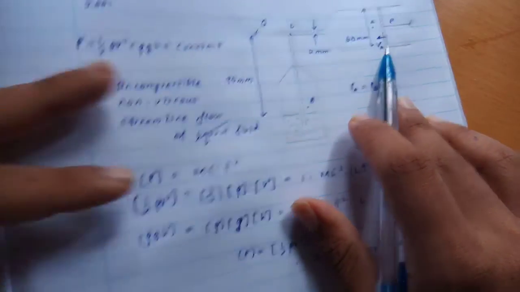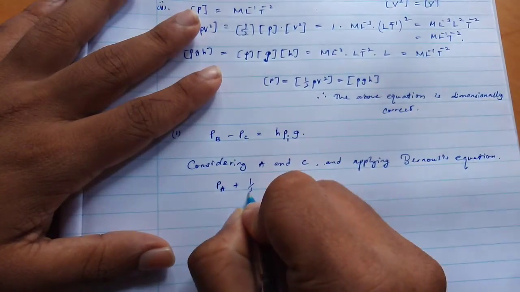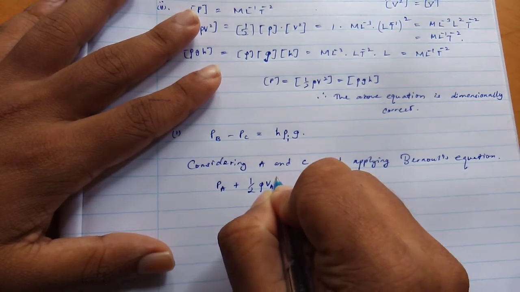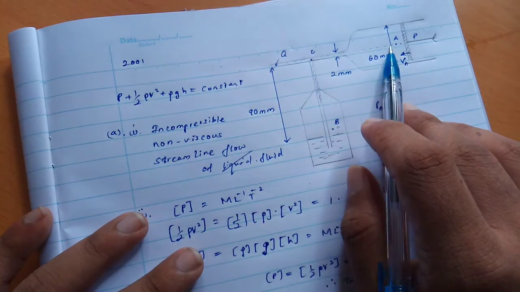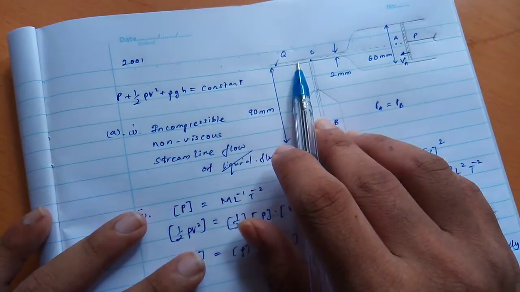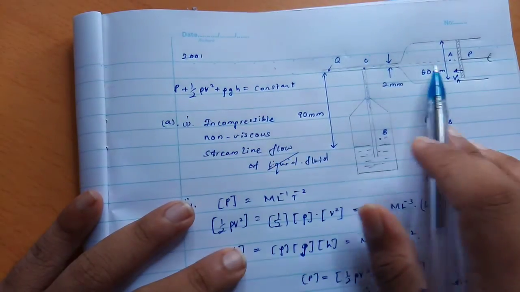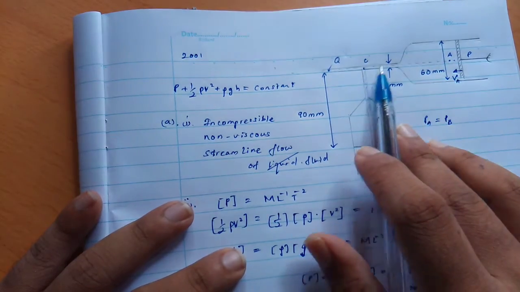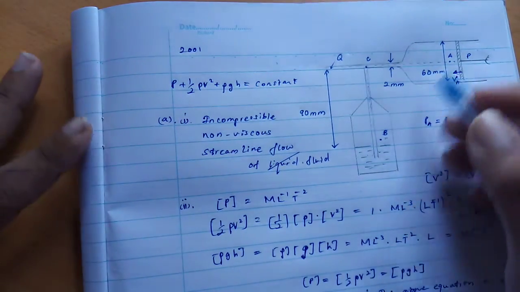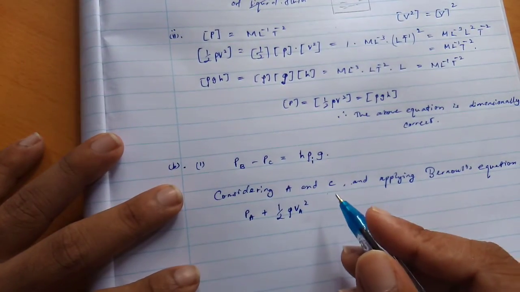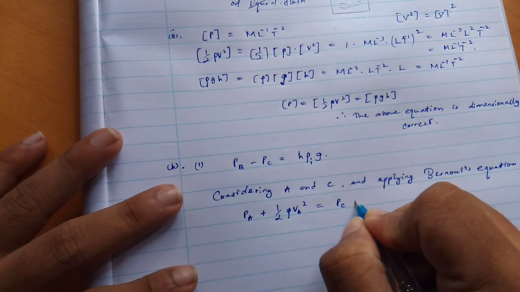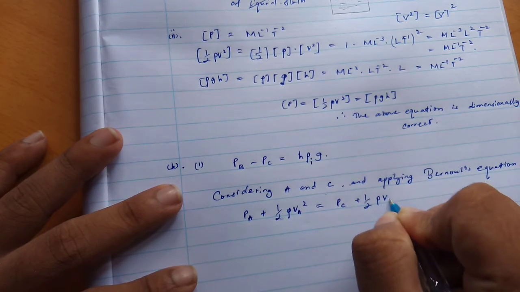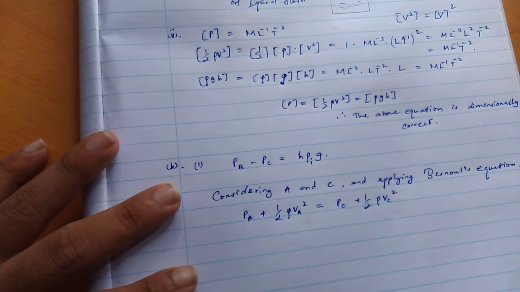So I can write here PA plus half rho VA squared. Now the potential energy term doesn't come because both points are at the same level. If you write it on both sides of the equation, they cancel each other since they are equal. So we can write the equation without that term, equals PC plus half rho VC squared.